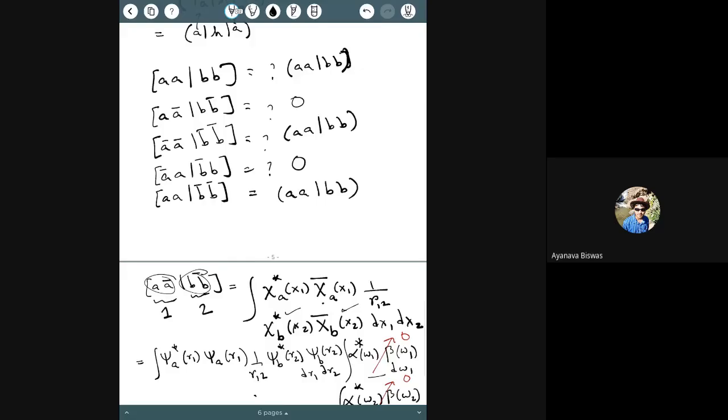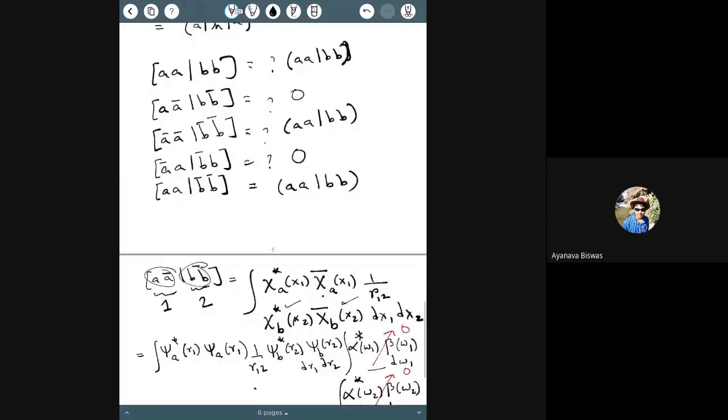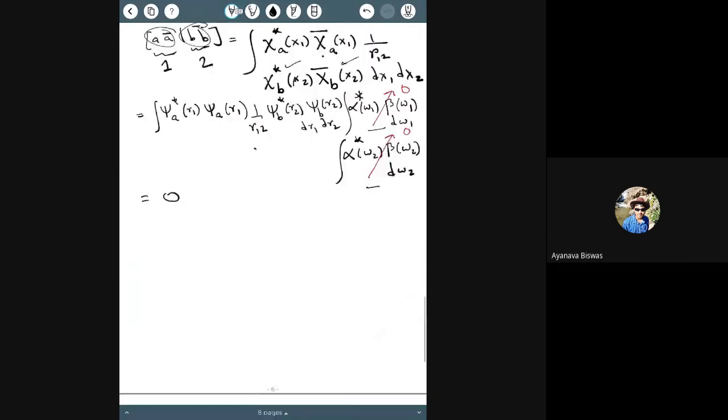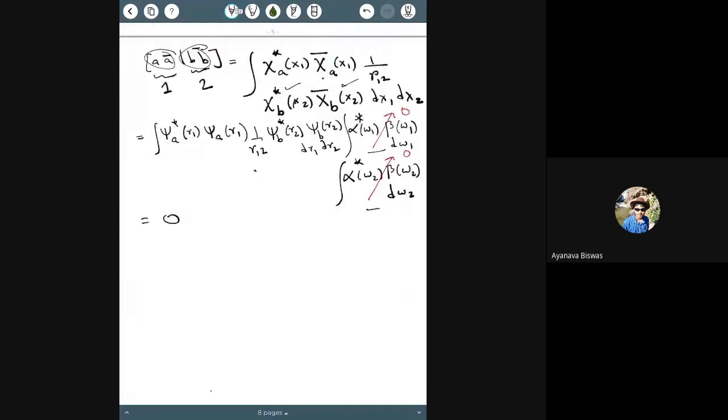So now we can write the Coulomb energy term in terms of spatial orbitals.